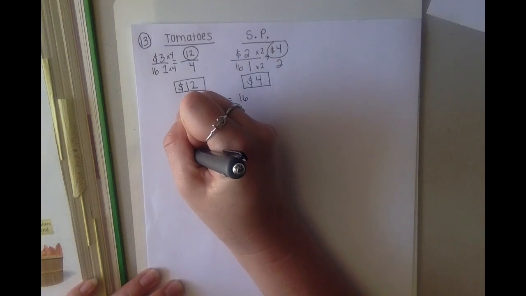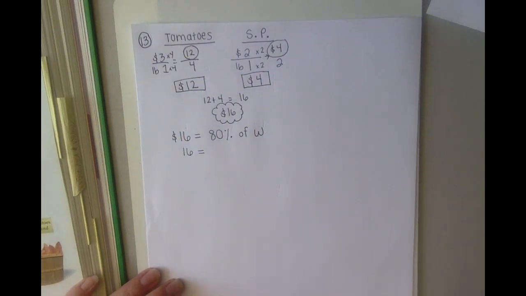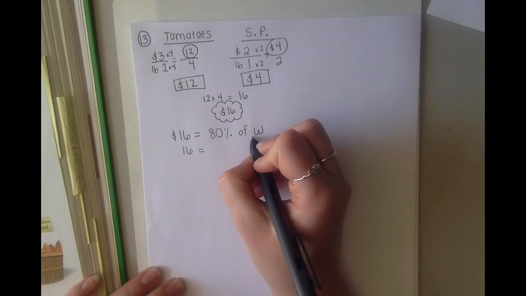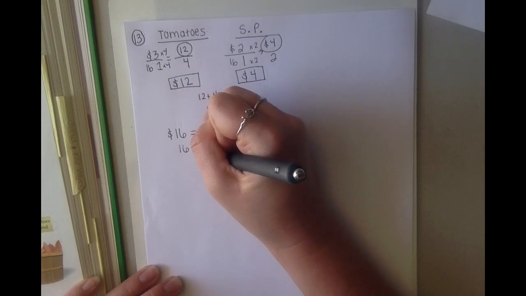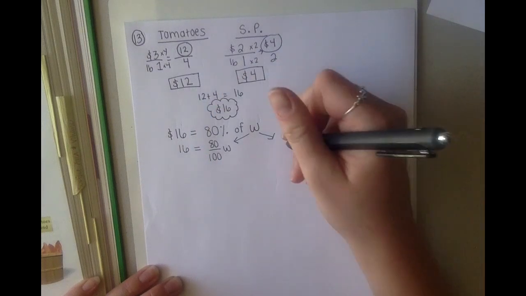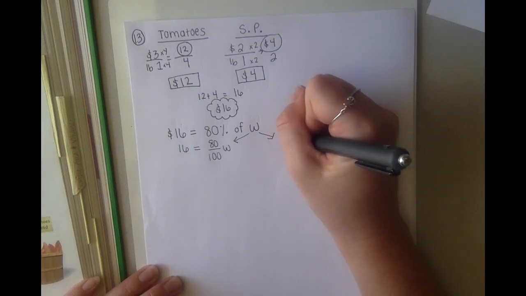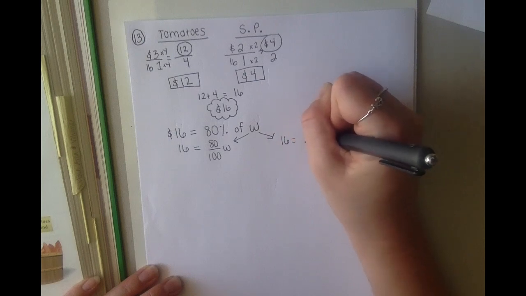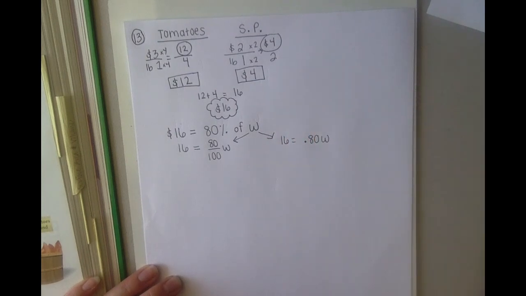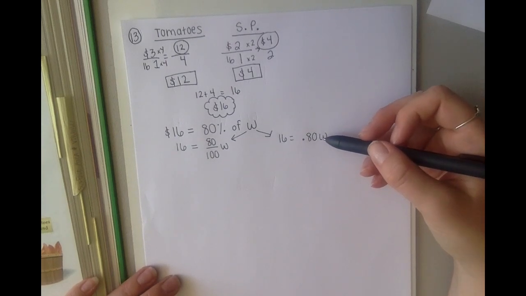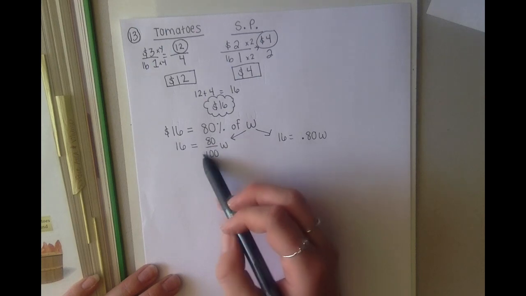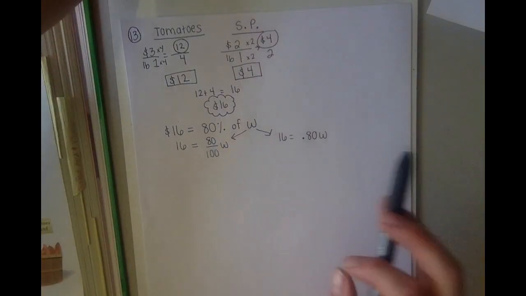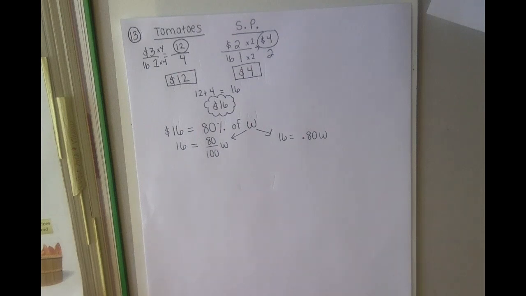I can say that 16 is equal to, and do you remember, how can I write 80%? There's two different ways. I can either write this as 80 over 100 times W, or I can say 16 is equal to 80 hundredths times W. So from here, depending on which way you wanted to solve it, W is being multiplied by this fraction, so I can multiply by the reciprocal to undo it, to cancel it out.